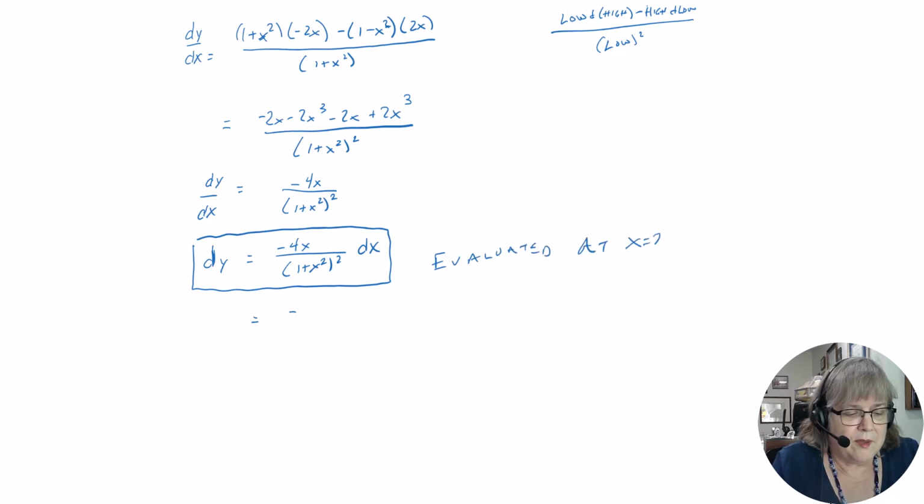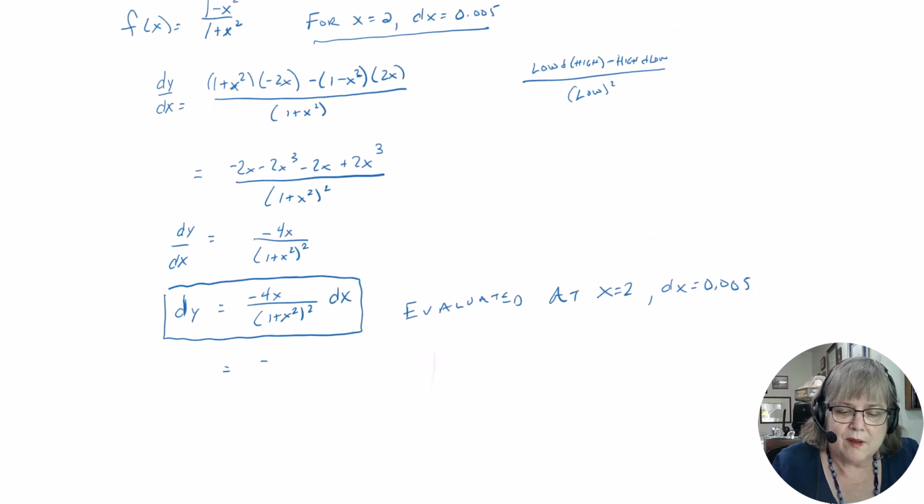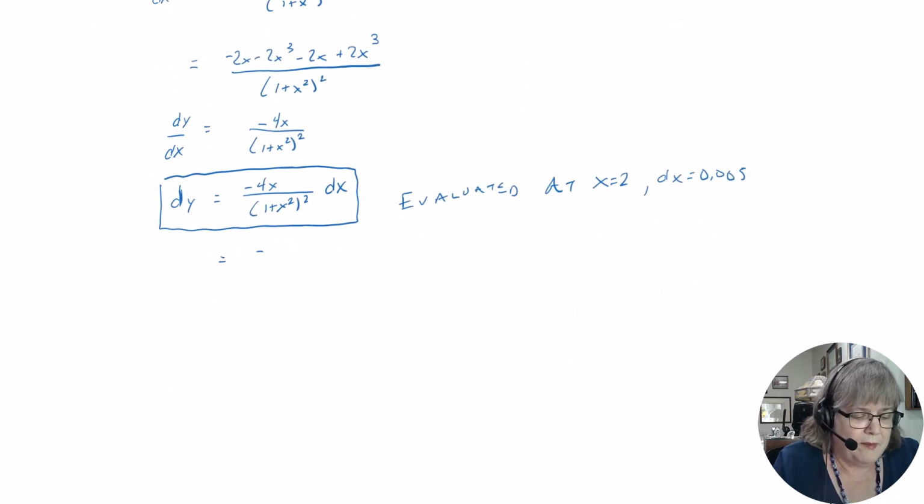If they want it evaluated at x is equal to 2 and dx is equal to 0.005. I think I had 2 zeros up there. Right. Then you would have minus 4 times 2 over 1 plus 2 squared times 0.005.